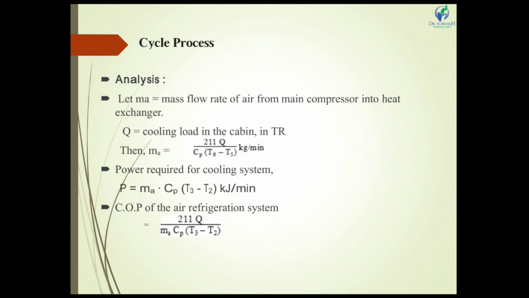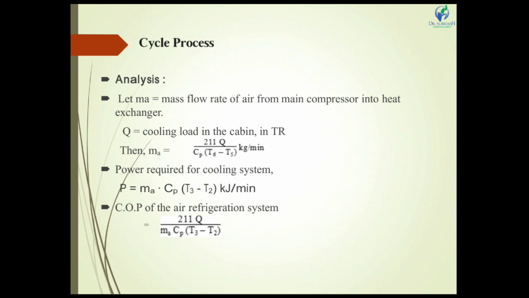Let m_a be the mass flow rate of the air from the main compressor into the heat exchanger, and Q the cooling load in the cabin air, in tons of refrigeration. Then m_a equals 211 Q divided by Cp (T6 minus T5) kg per minute.